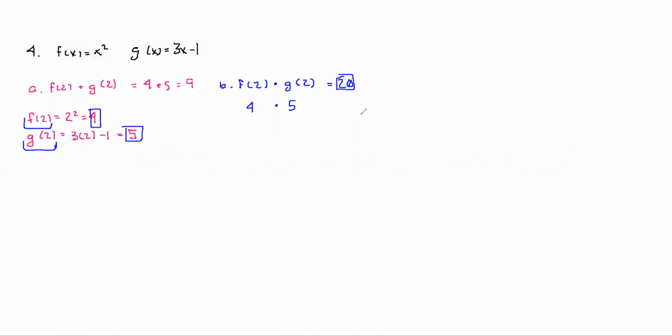So, C, we have f of g of 2. Wherever there's g of 2, which is 5.